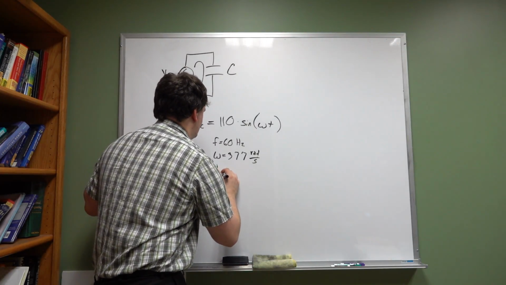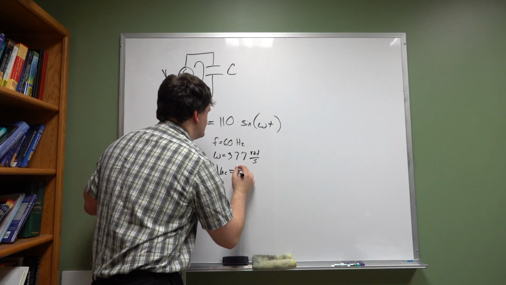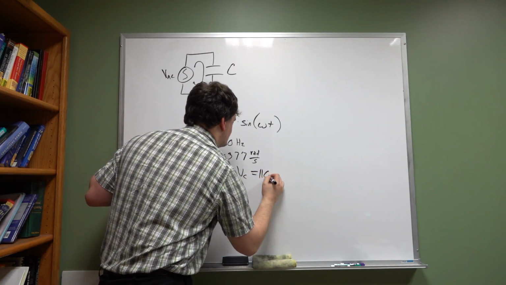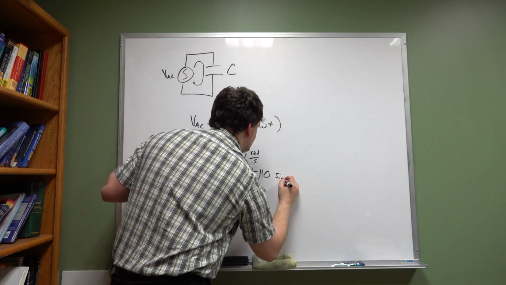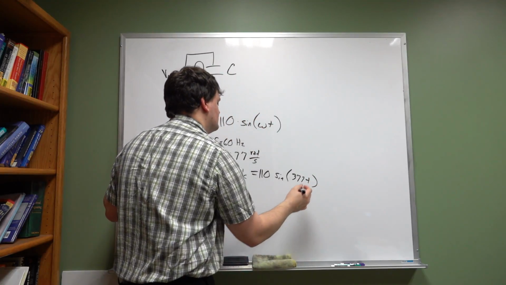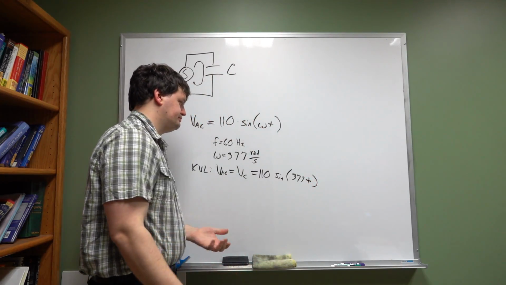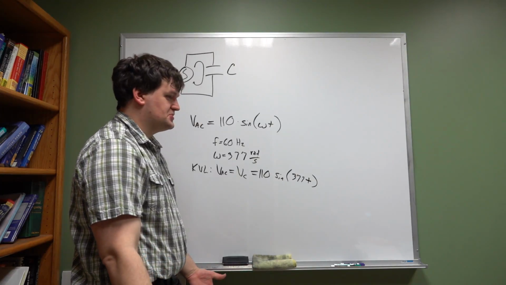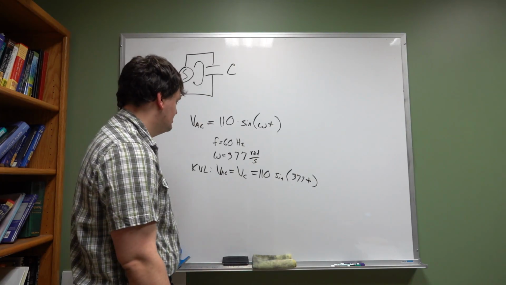It says that VAC is equal to VC, which means they're both equal to 110 sine 377t. There was no math involved in that.